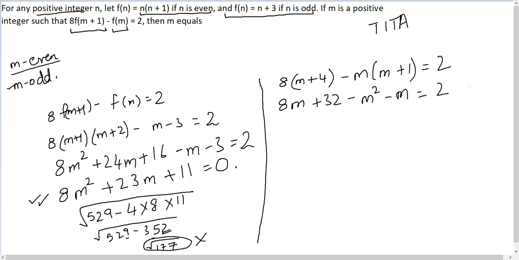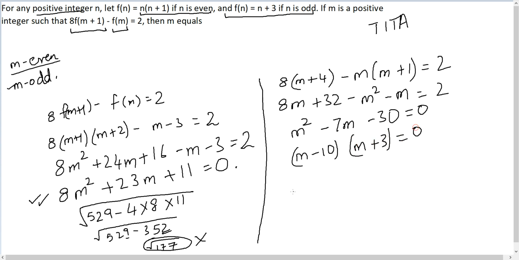You rearrange the terms, take everything to the right hand side so that m square becomes positive. m square minus 7m minus 30 is equal to 0. And this you can easily break up into (m minus 10) into (m plus 3) is equal to 0.